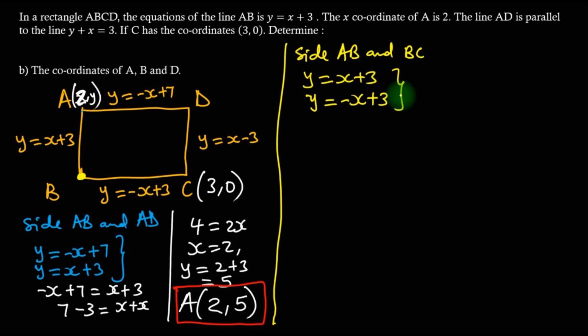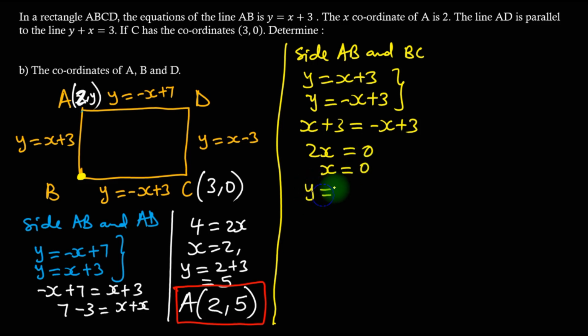Since on the left hand side it is y, we equate the right hand sides, which must be equal. x plus 3 is equal to minus x plus 3. From here, take negative x to the left hand side, it will become x plus x, which is 2x. Then take positive 3 to the right hand side, it will be 3 minus 3, which is 0. Therefore x is equal to 0.